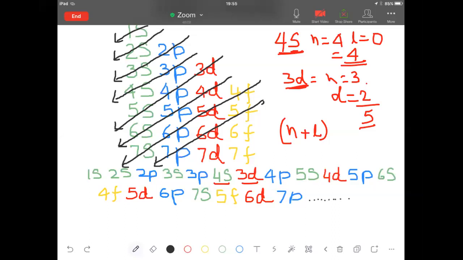Always remember, the shell which is closer to the nucleus will always have a lower energy level as compared to the subshell which is away from the nucleus. All right. Within the same shell, 4s will always be at a lower energy level compared to 4p, and 4p will always be at a lower energy level compared to 4d.